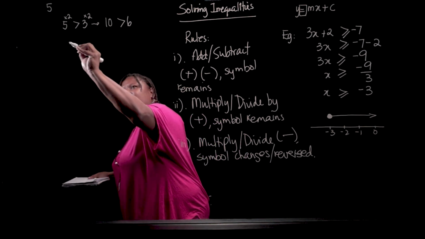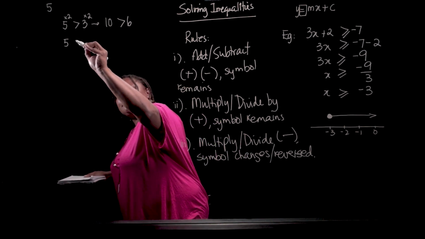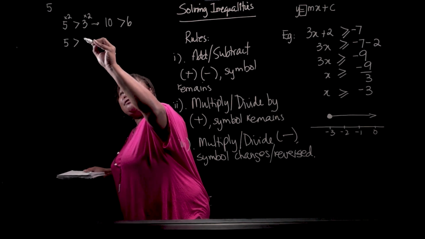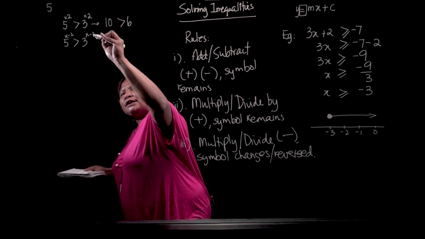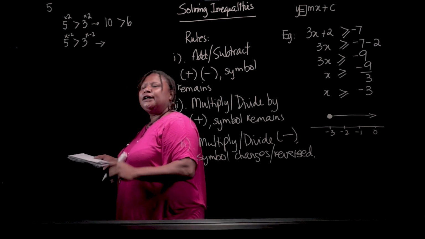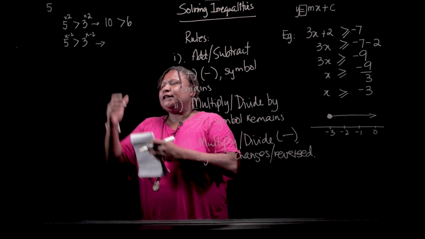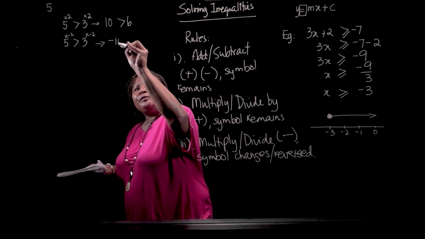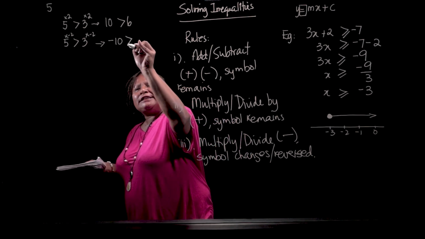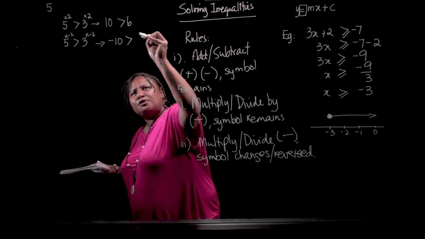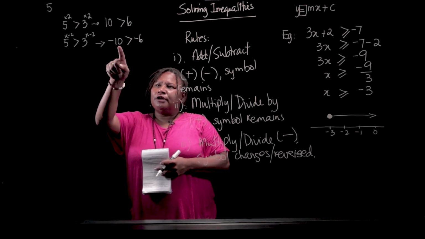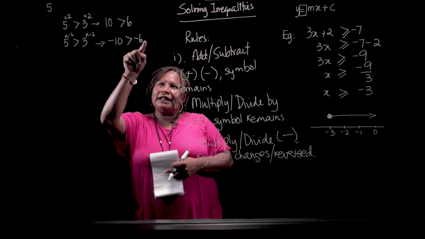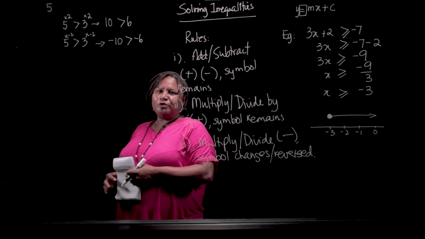Now watch if we multiply this inequality by a negative number. All right, so we'll go times negative 2, times negative 2. Okay, what happens? This is negative 10. Keep the sign and let's see. 3 times negative 2 will give us negative 6. Now, negative 10 greater than negative 6 is not true.